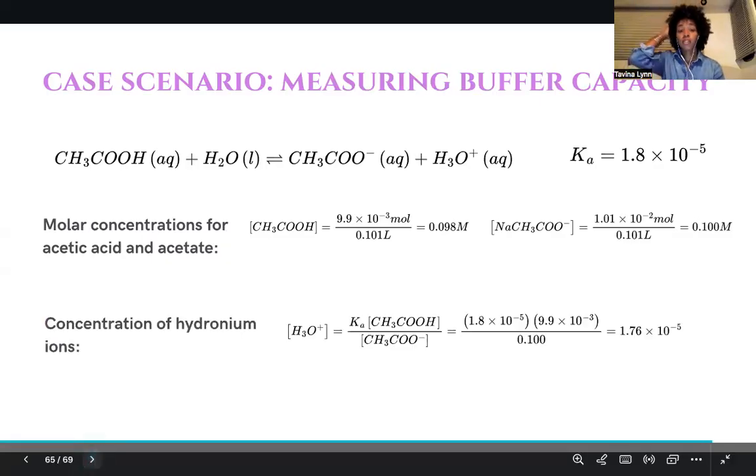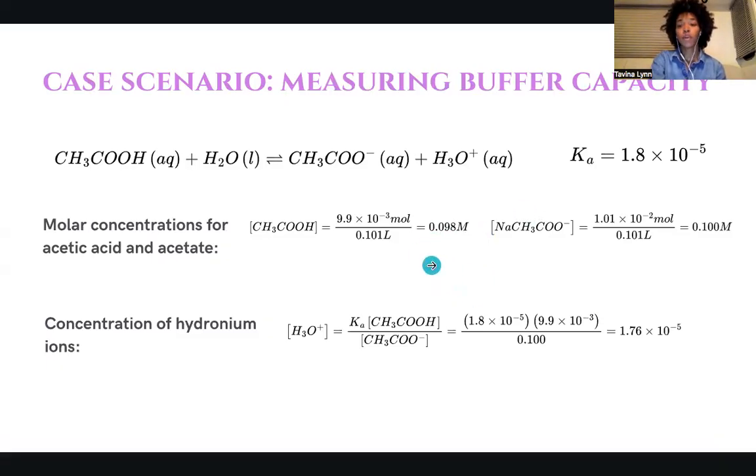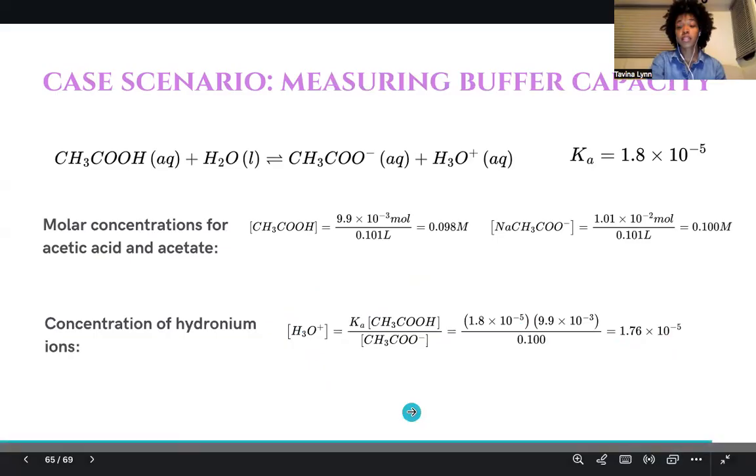And now to get the concentration of our hydronium ions, we will just plug in the molar amounts that we have for acetic acid and acetate, and we plug in for our Ka value. So I basically just took our Ka expression, rearranged it to solve for our hydronium ion concentration, and we find that to be 1.76 times 10 to the minus 5.